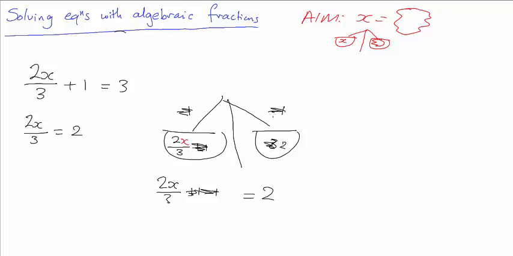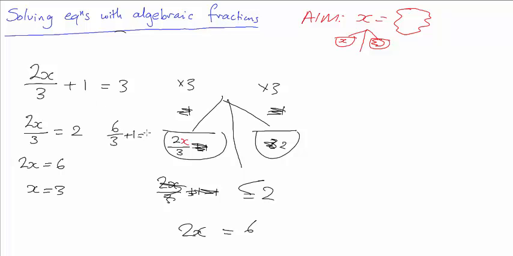The next thing I'll do is kind of like the last question. This 2x is trapped by being divided by 3, so you times both sides by 3. Then hopefully you can see that's going to give us 2x equals 6, and the answer is 3. Okay? We plug it back in. So 2 times 3 will be 6 over 3 plus 1.